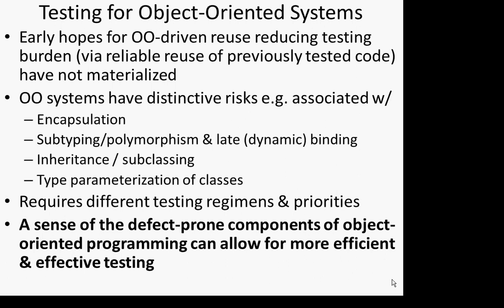Fundamentally, testing for object-oriented systems can call upon different testing regimens and priorities than testing other sorts of code. The principles of path testing that we've been talking about still carry over to the methods within object-oriented code, but we have a richer set of issues that also need to be discussed.